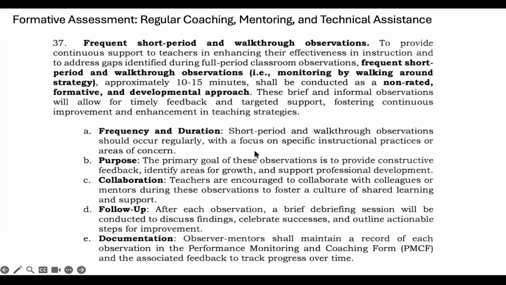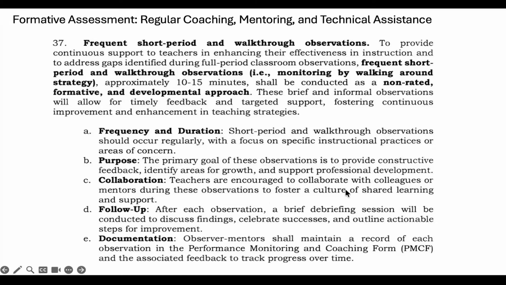Okay, so this short period and walkthrough observation should occur regularly, with focus on specific instructional practices or areas of concern. The purpose again for this observation is to provide constructive feedback and identify areas for growth and support professional development. Of course, there is also a need for collaboration.